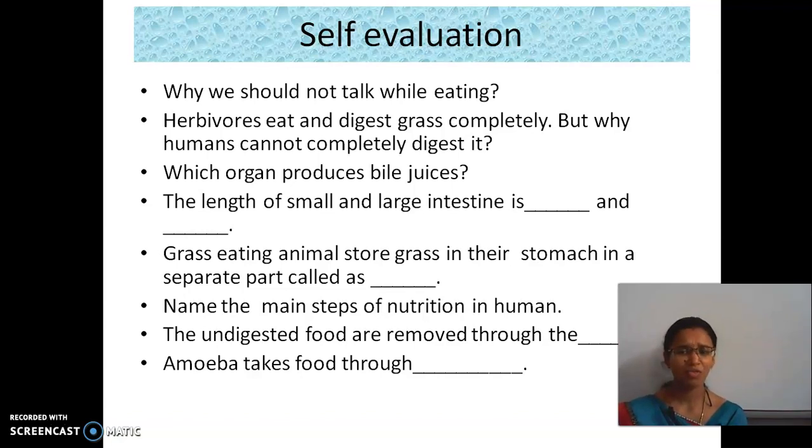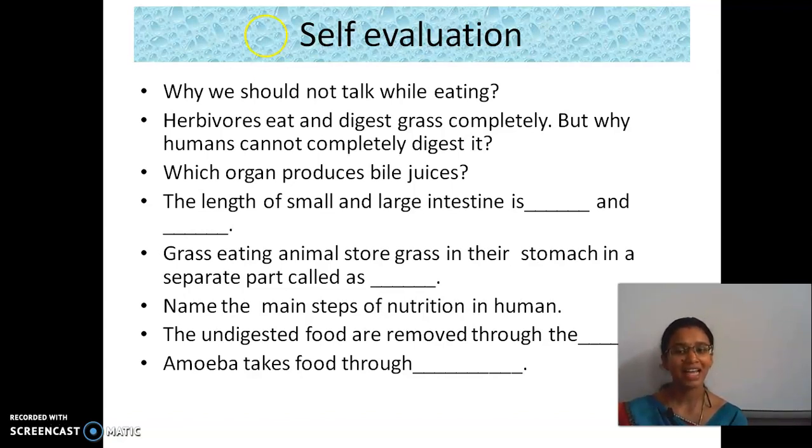Okay, what is the length of the small intestine and large intestine? Yes, the small intestine is about 7.5 metres and the large intestine is 1.5 metres. Tell me one more answer. Where is bile juice stored? Yes, gallbladder. Good.